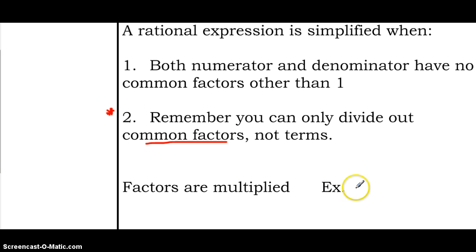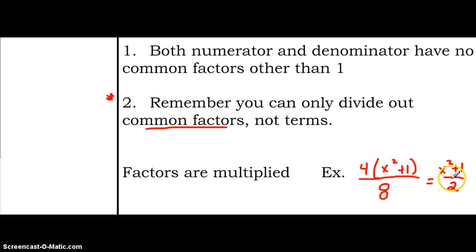An example of factors being multiplied would be 4 times x squared plus 1, all over 8. So here our factors are being multiplied. So we can simplify 4 over 8, and that would become 1/2. So that would simplify to x squared plus 1 over 2.